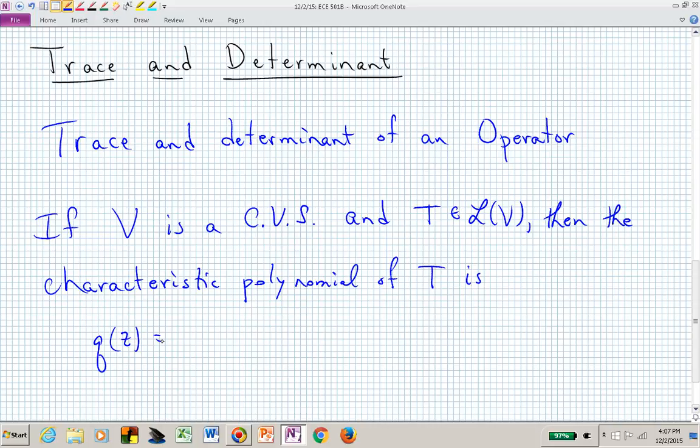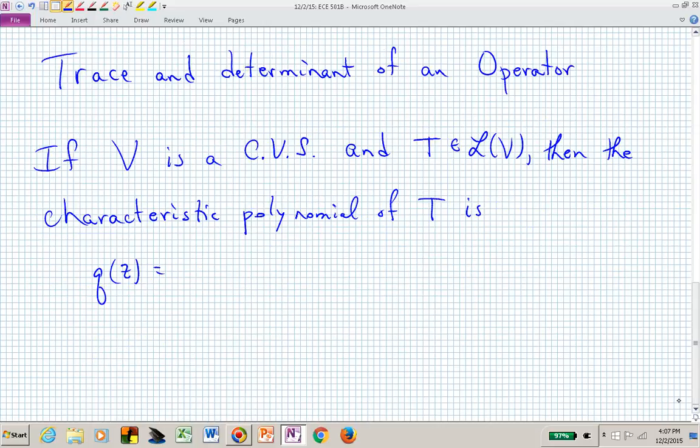is given by Q of z equaling, do you remember what that was from last time? It was a product of factors that are associated with each of the eigenvalues, and those factors are of an appropriate multiplicity, which we were calling d sub i.